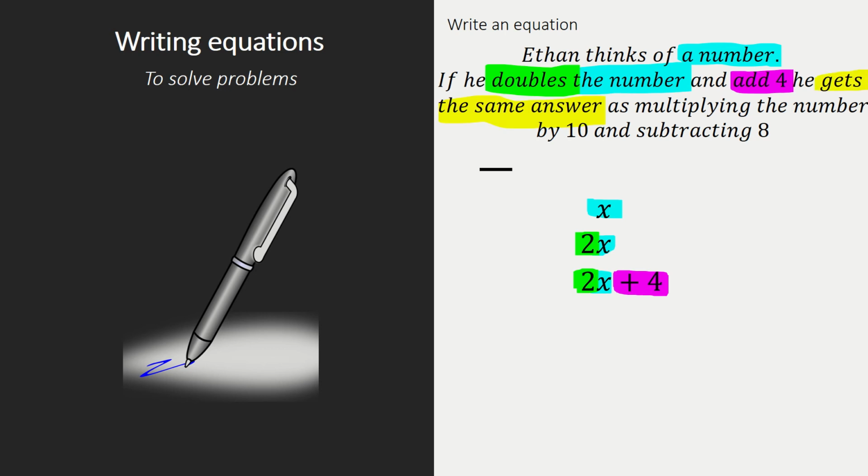He gets the same answer. And this is one of the keywords for equals. So again, doubles a number, adds 4, he gets the answer. So that's the equal sign. As multiplying the number by 10. So again, on the right hand side of our equation, we have the number but multiplied by 10.